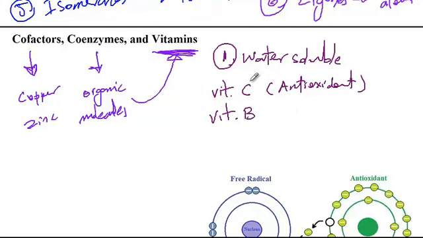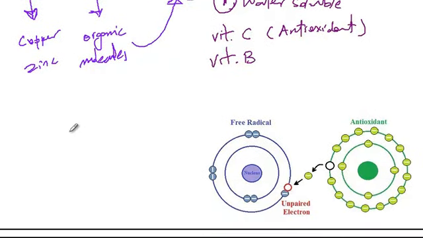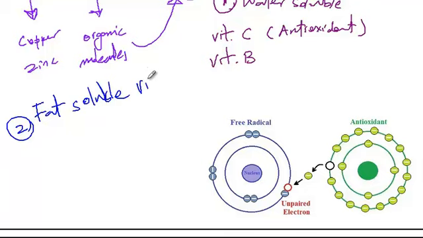Now, the reason that these molecules are hydrophilic and water soluble is that they have a large number of electronegative oxygen and nitrogen atoms, which engage in hydrogen bonding with the water. The other form of vitamins that we have are fat soluble. So number 2 is fat soluble vitamins, and these include, for instance, vitamin D, which is required for absorption of calcium and phosphorus.